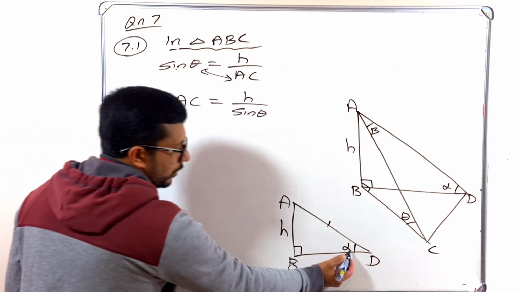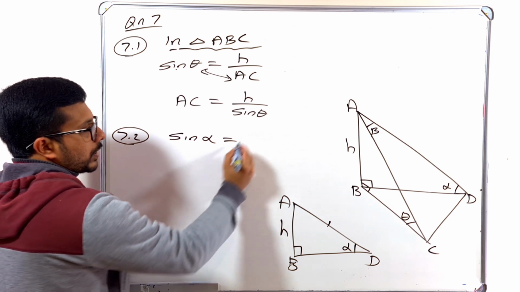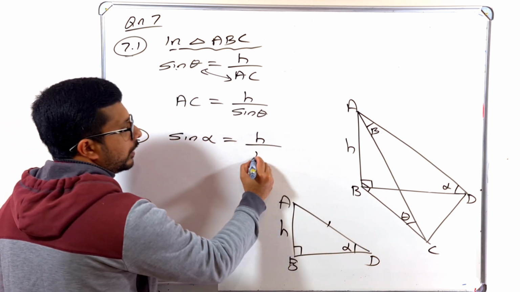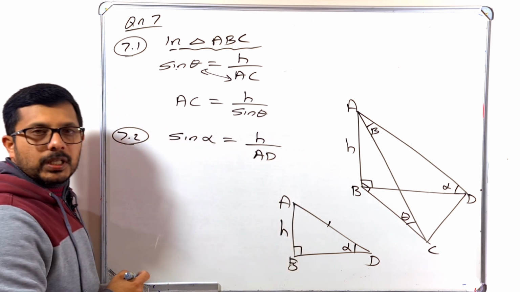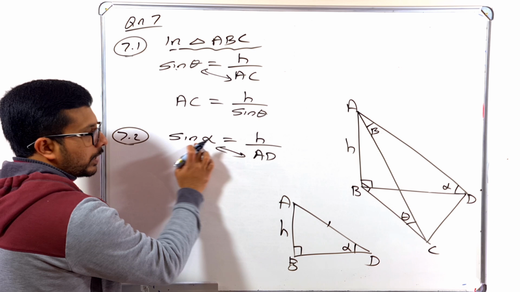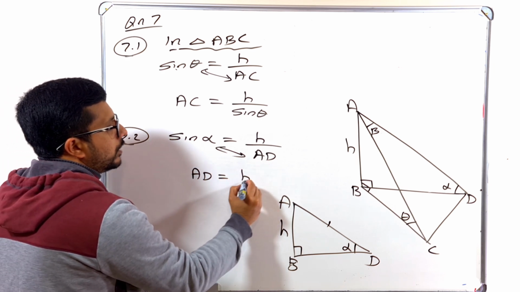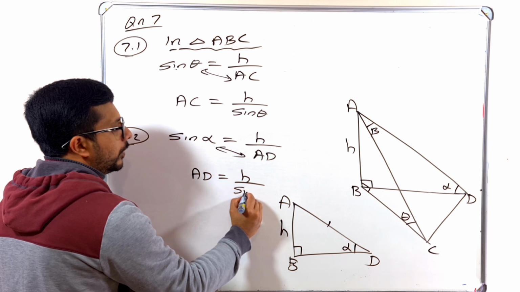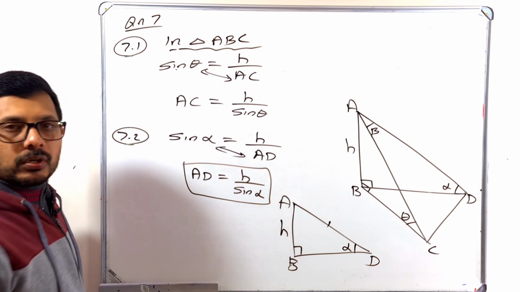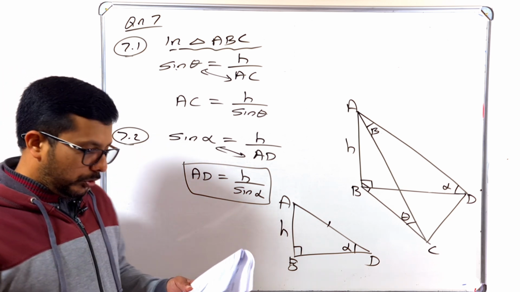So sine alpha is equal to the opposite side, h, divided by the hypotenuse, AD. To find AD, cross multiply: AD is equal to h divided by sine alpha. So we got an expression for AD in terms of h and alpha. That is question number 7.2.